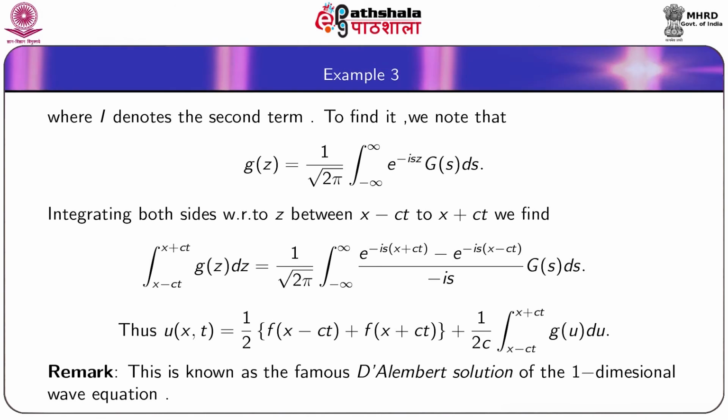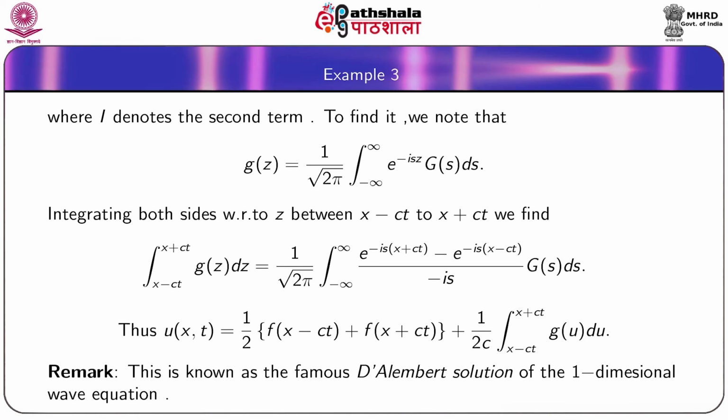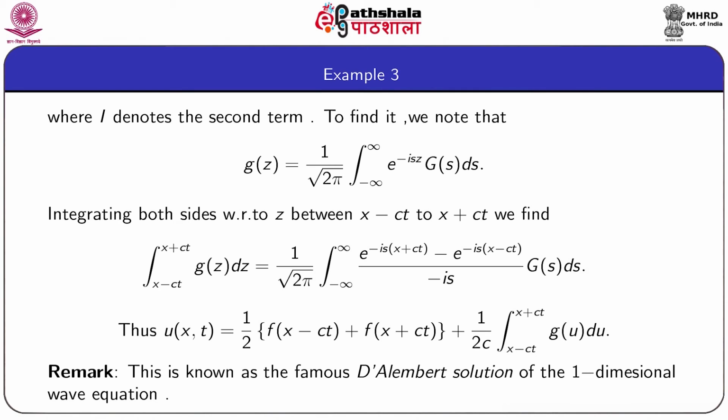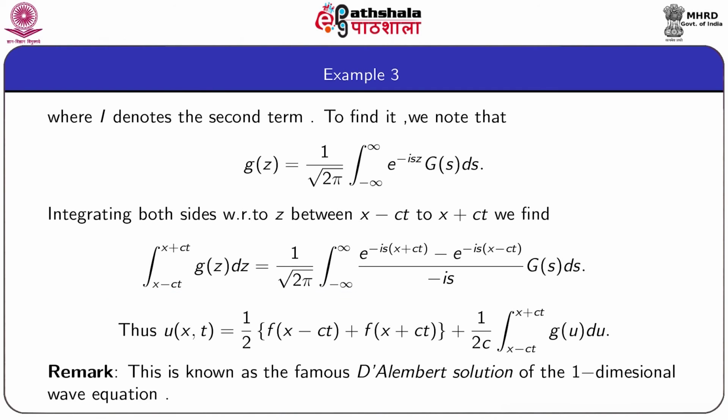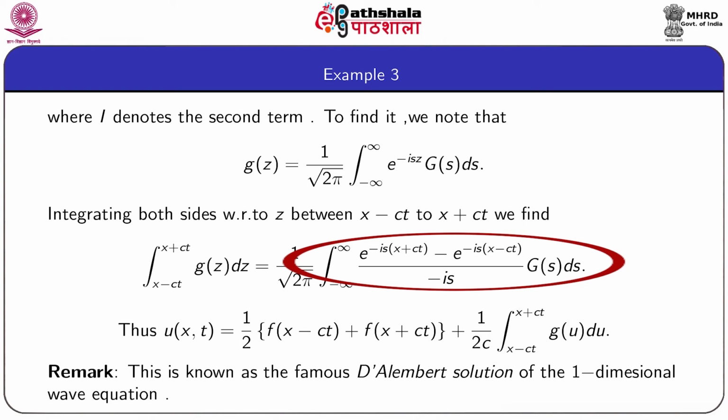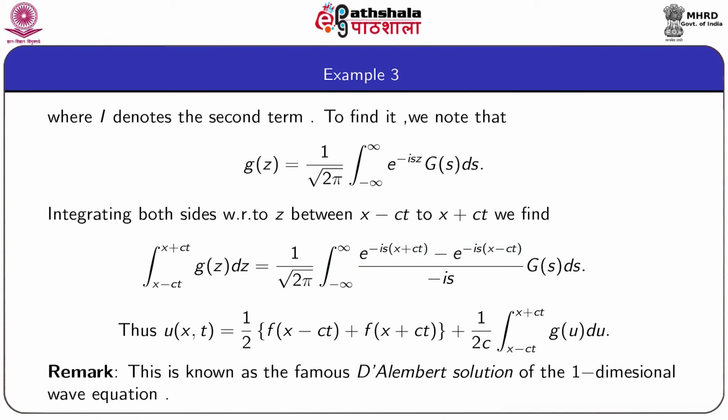Now we integrate both sides with respect to z between the limits x minus ct to x plus ct to find integral x minus ct to x plus ct g(z) dz is equal to 1 by root 2 pi integral from minus infinity to plus infinity e to the power minus is(x plus ct) minus e to the power minus is(x minus ct) divided by minus is into G(s) ds.